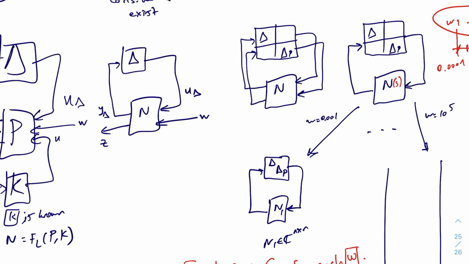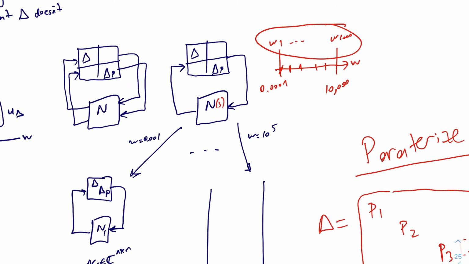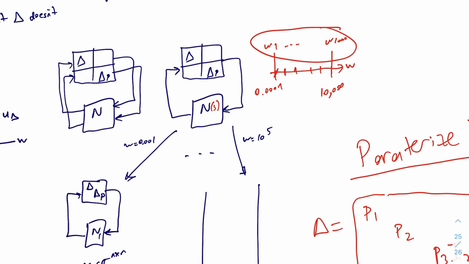And now, as in the DK iteration case, we just represent the problem by assuming the relationship between W and Z as a perturbation, satisfying some constraints. And here, let's look at this.